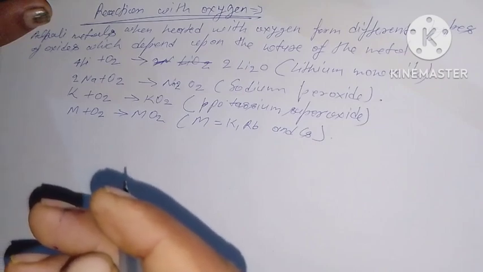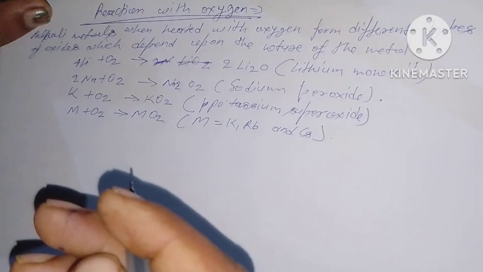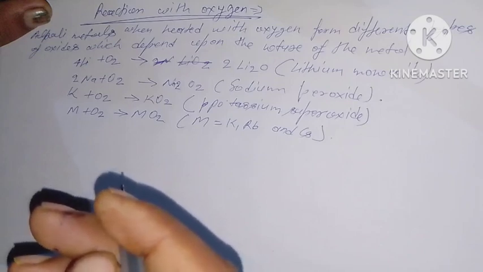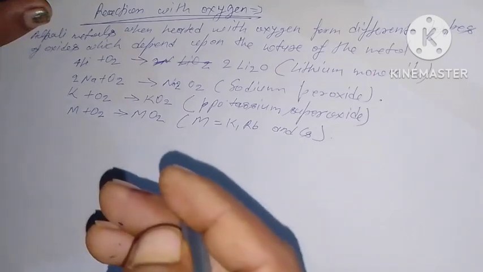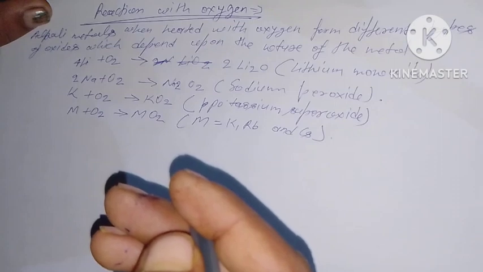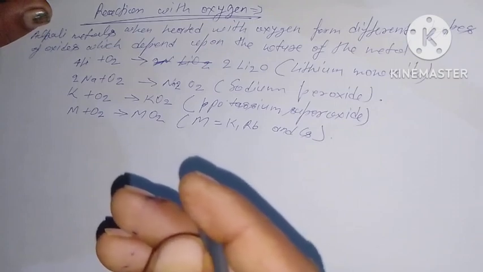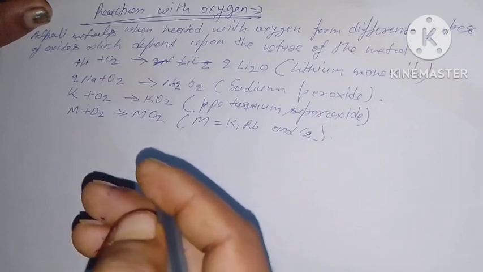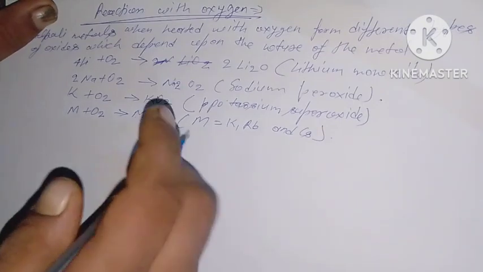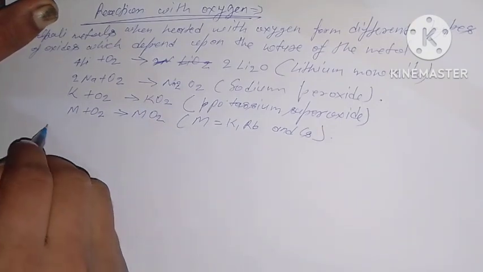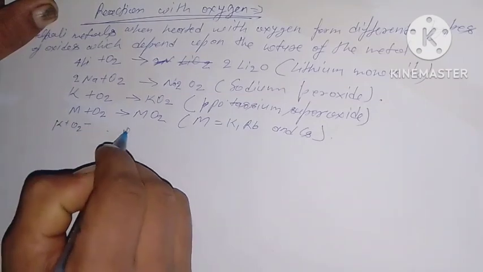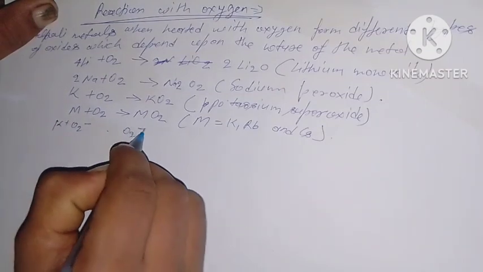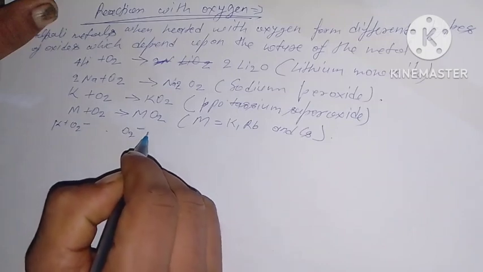It forms lithium positive and oxide ion, sodium forms sodium positive and peroxide ion, and potassium forms potassium positive and O2 negative, that is the superoxide ion.